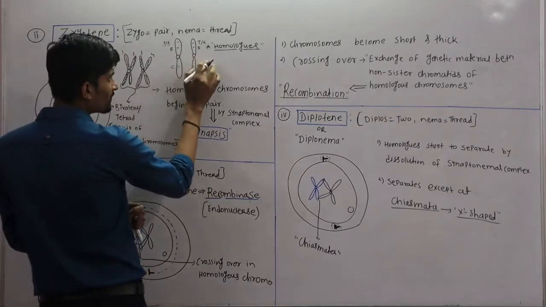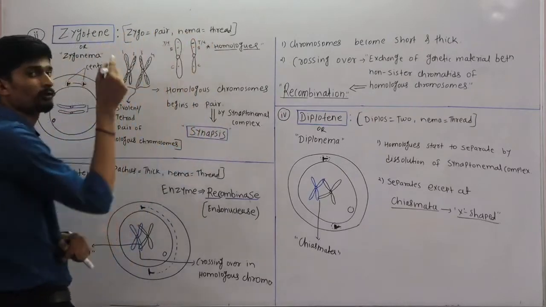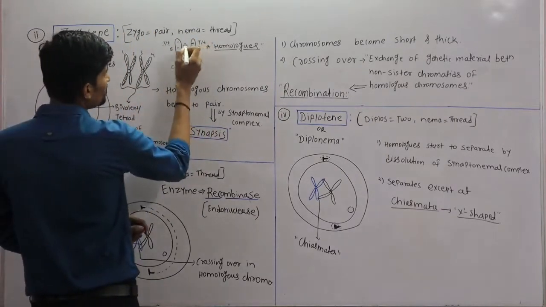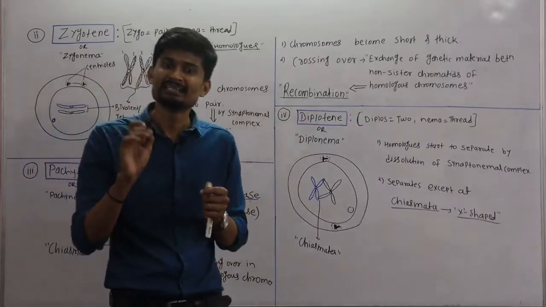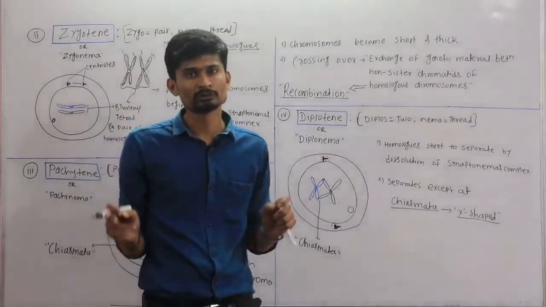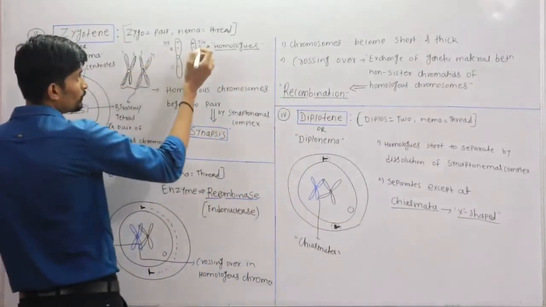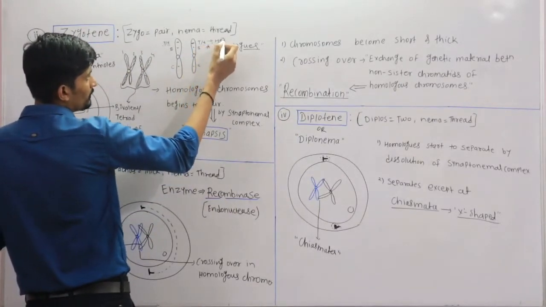And from the mother, this location also has a gene which codes for height. So the position, that is the location, is called the locus. Locus means the position of a gene on the chromosome. So the locus is the same for height.